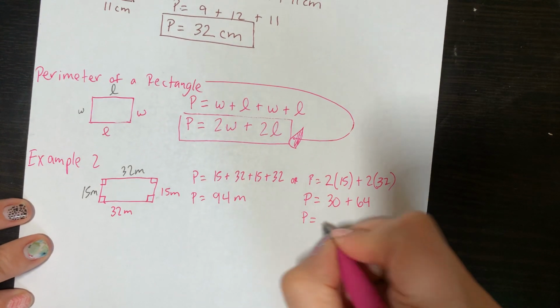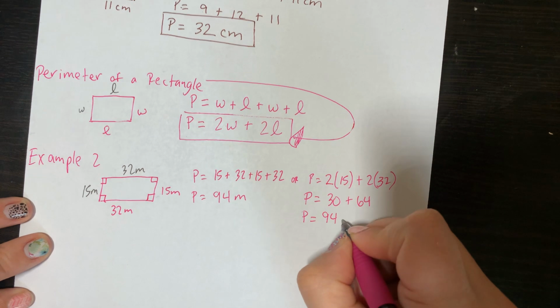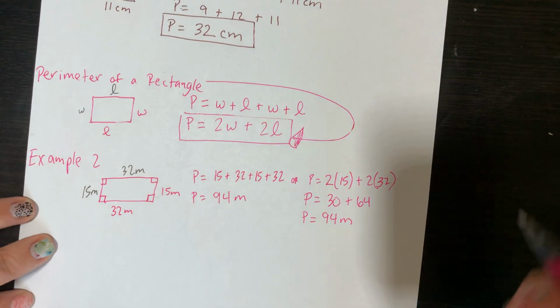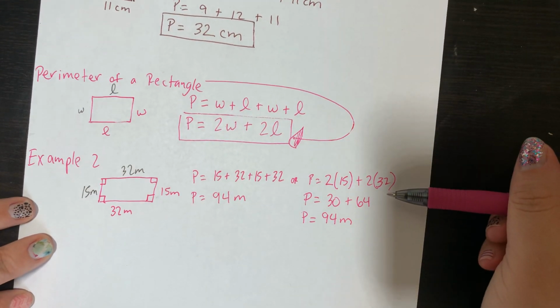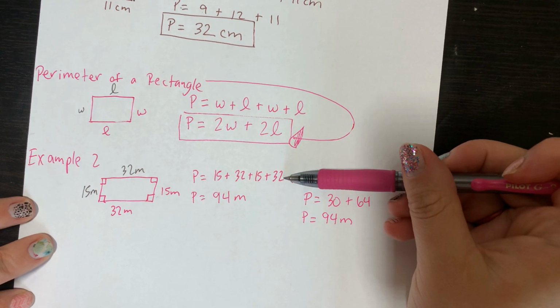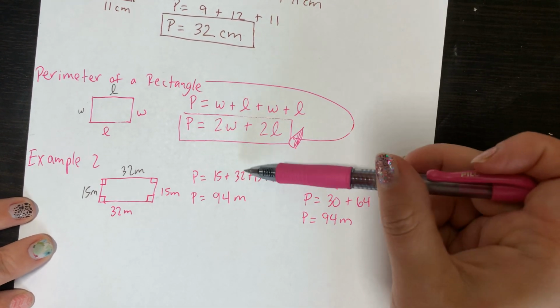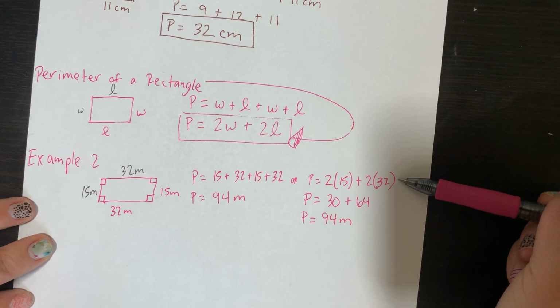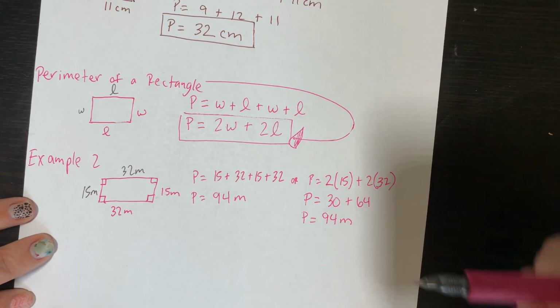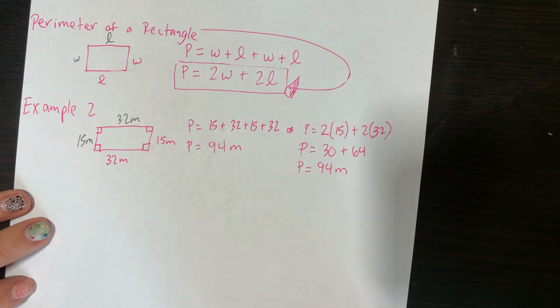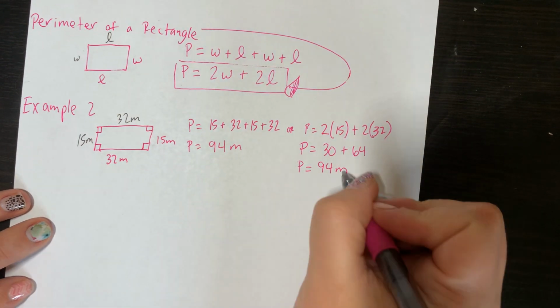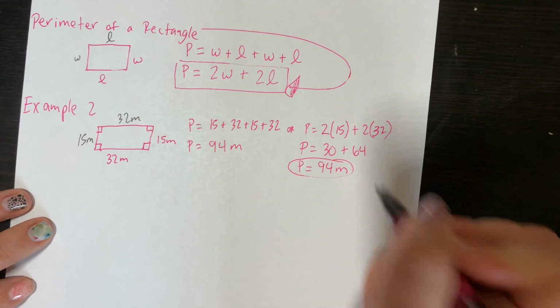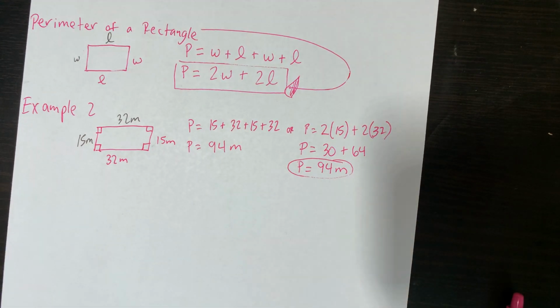Add them together. Okay. The nice thing about this strategy is this one, I could add them all up. I could use a calculator. The nice one about this one is that if you don't have a calculator, for example, you have a little bit less pieces you have to add or multiply. So our perimeter for this one is 94 meters.